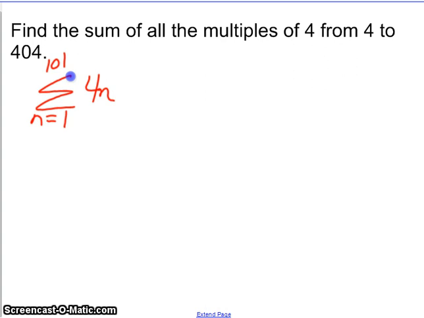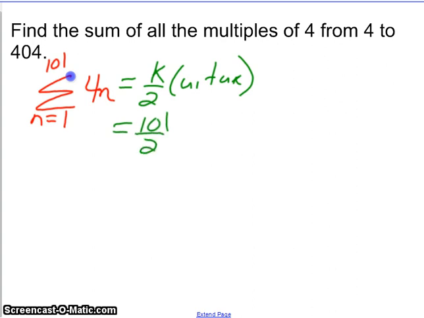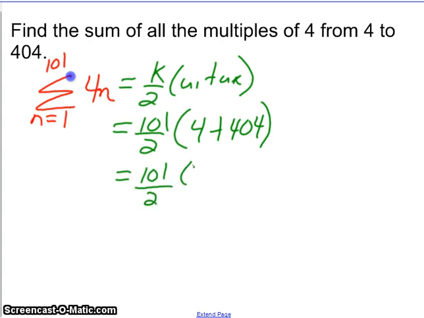I am going to use the formula that I like better, which is k over 2 times u sub 1 plus u sub k. So I've got 101 divided by 2 times the sum of the first term, which is 4, plus the last term, which is 404. So I've got 101 over 2 times 408.